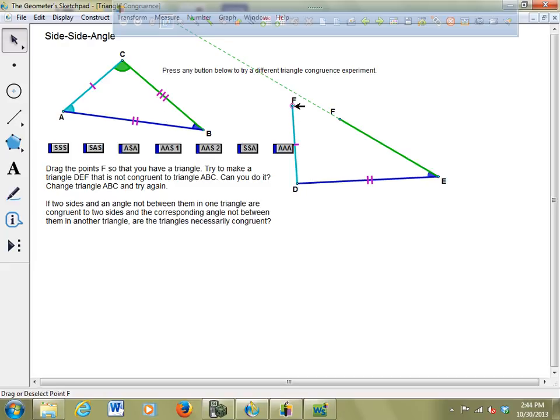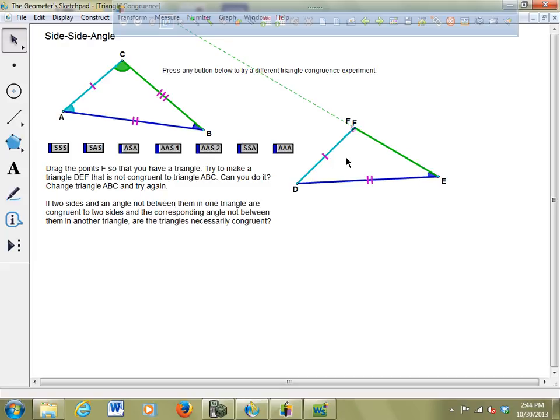Okay? So first of all, I can make this triangle right here. I could extend this side. Does this triangle look like this triangle? No, not exactly, right? Because I could take this side, take it over here, and make another triangle with the same two sides and this angle. Do you understand that?